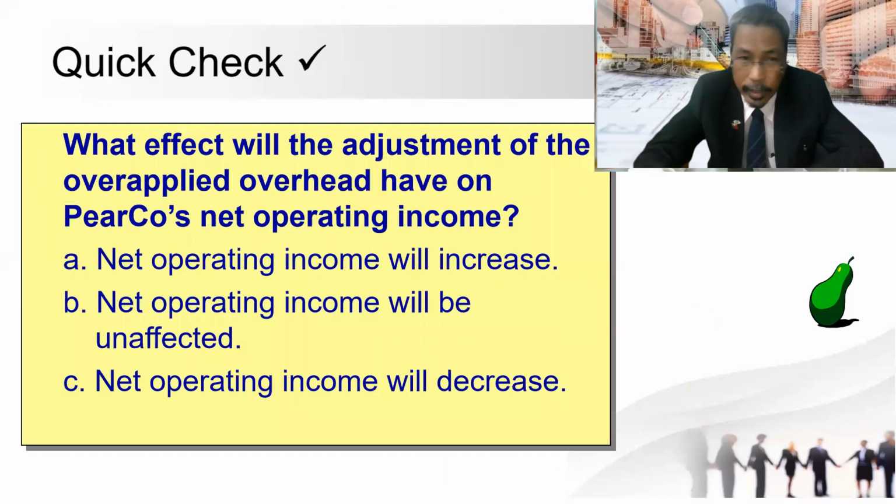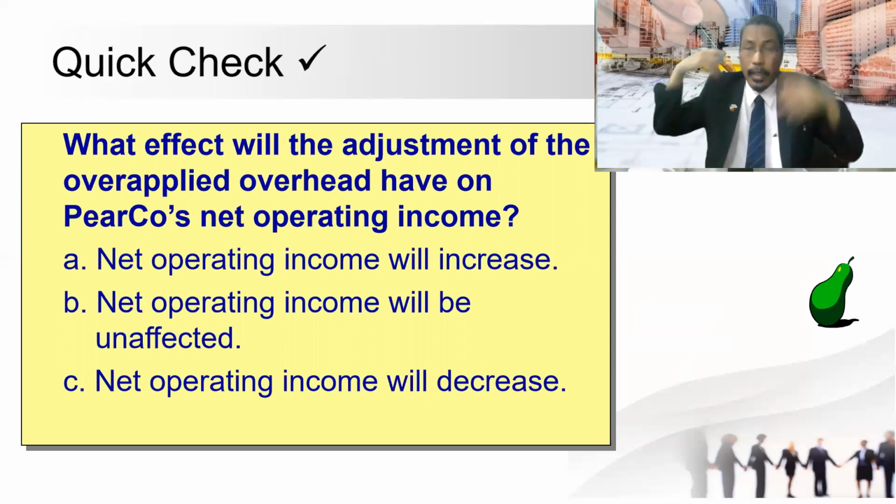So let us check our knowledge. What effect will the adjustment of the over-applied overhead have on Perco's net operating income? So what will happen to our operating income? Because our estimate is over-applied. A, net operating income will increase. B, net operating income will be unaffected. And C, net operating income will decrease. So what will happen?